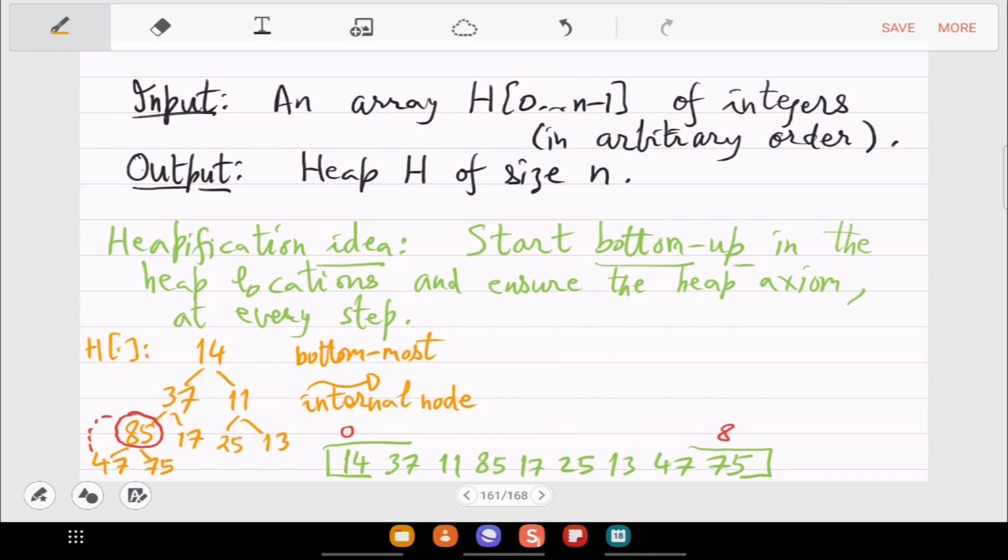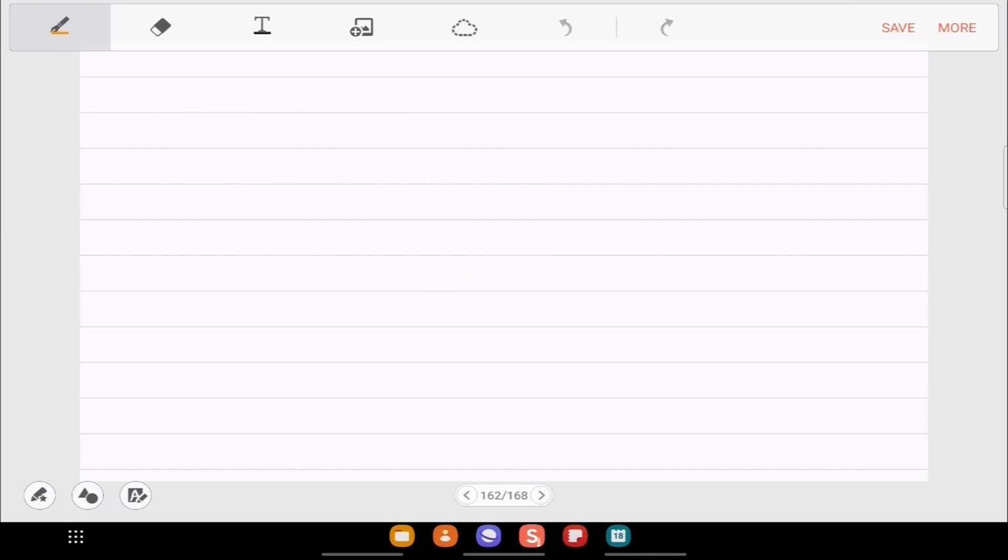So local correction will give you, let's go to the next slide. Okay, so that is the heap.